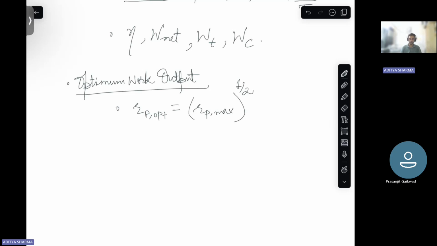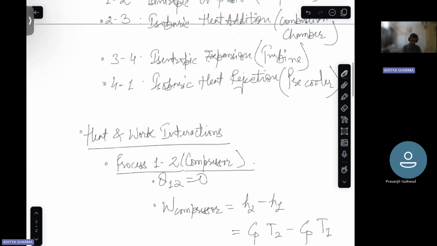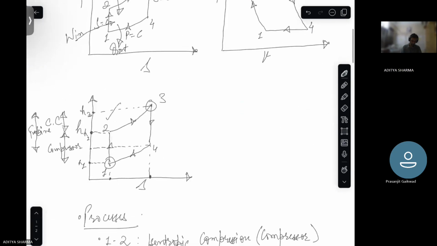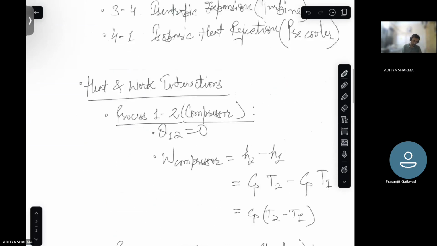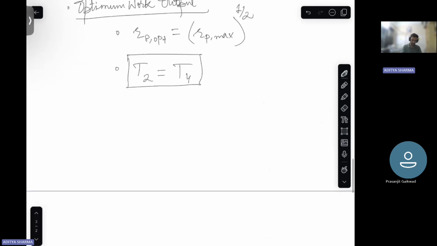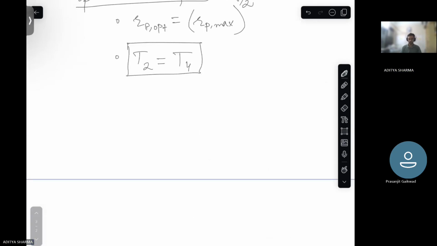And from there, what you get is that T2 is equal to T4 for your optimum work output. So these two temperatures, the entry of your combustion chamber and the exit of your turbine, are equal, right?